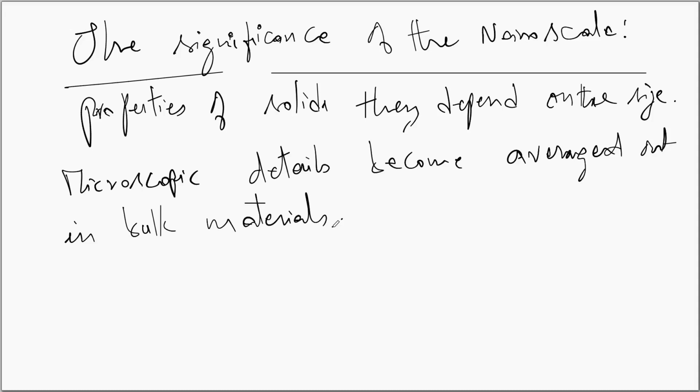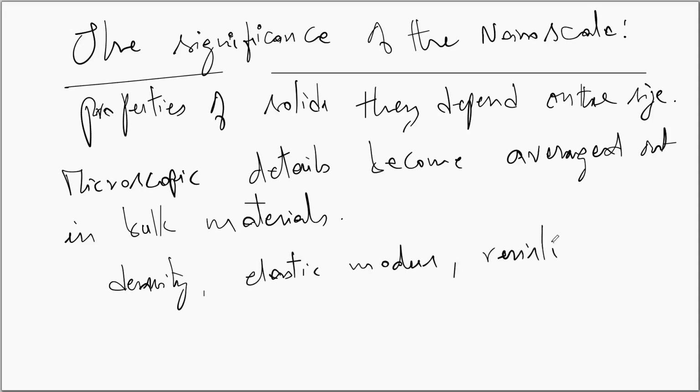In case of bulk materials, the properties such as density, elastic modulus, resistivity, dielectric constant, etc. are averaged properties, of the microscopic properties of the material measured in various directions under different conditions.